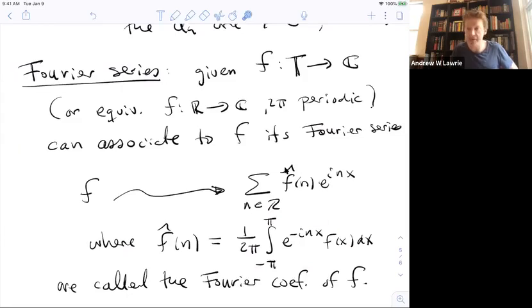So as long as f is a Riemann integrable function, you can define the Fourier coefficients. So for the moment, for any Riemann integrable function on the torus, or equivalently a 2 pi periodic function on R, we can define its Fourier series.